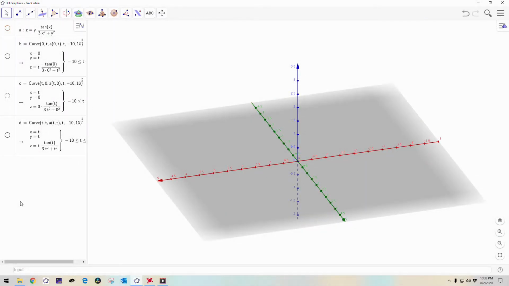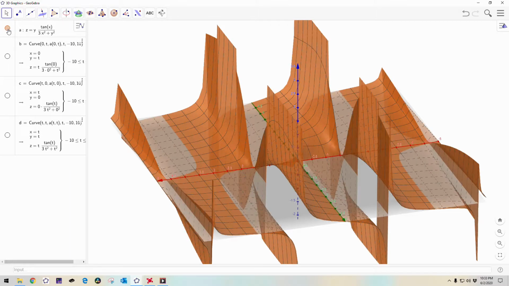Now let's take a look at these two interesting functions that we just found those special limits of. First, y times tangent x over 3x squared plus y squared. Brace yourself. It has a lot of asymptotic type features because of the tangent part of it.